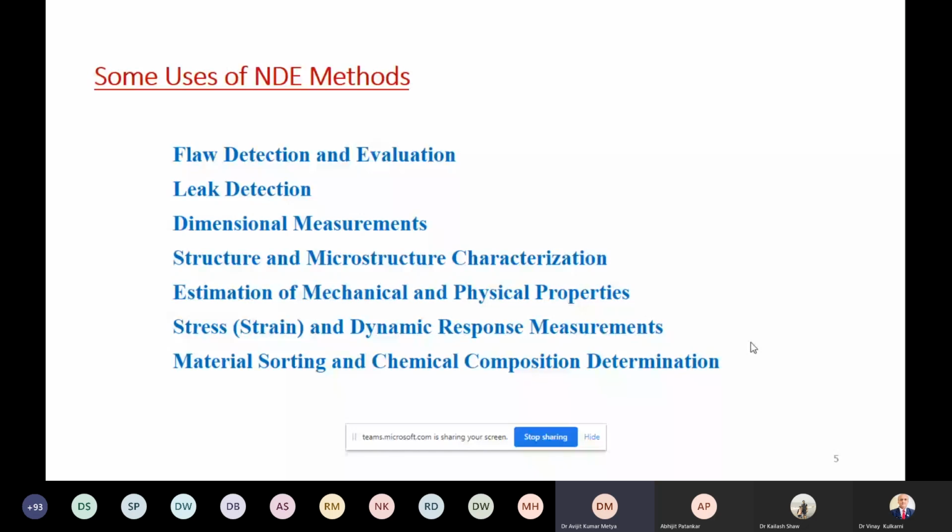Residual stress assessment or dynamic response measurements from the material can also be done using several NDT methods. Finally, material sorting and chemical composition in mineral or wood industries can also be done.